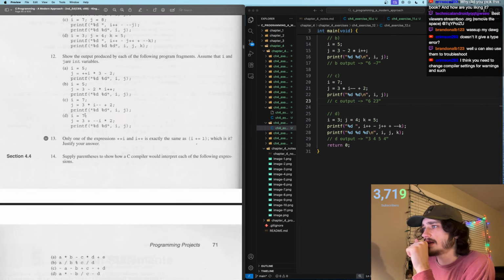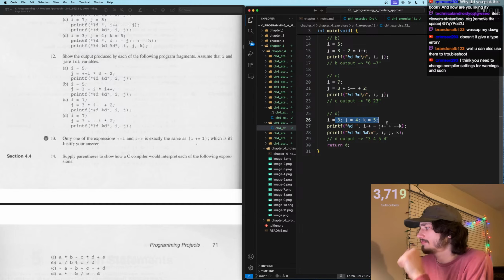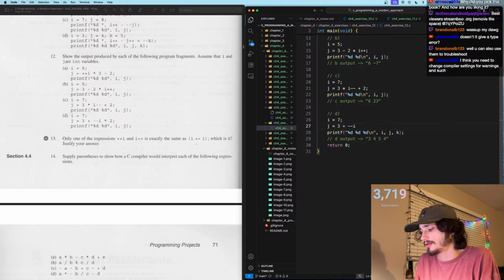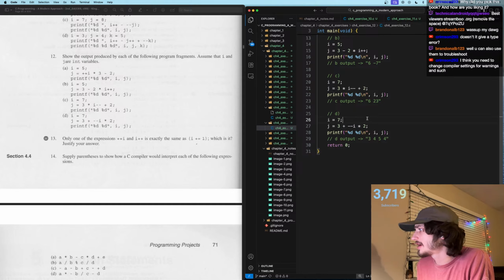Okay, and then in D, I is equal to 7. We're going to call J is equal to 3 plus minus minus I times 2. And we're going to print I and J. Okay, so D, 7 is going to be prefix reduced or decremented.